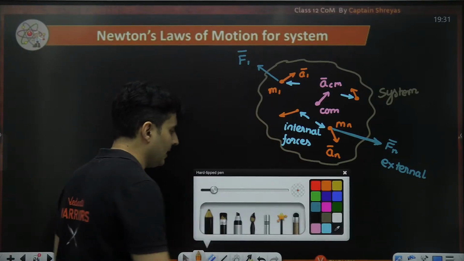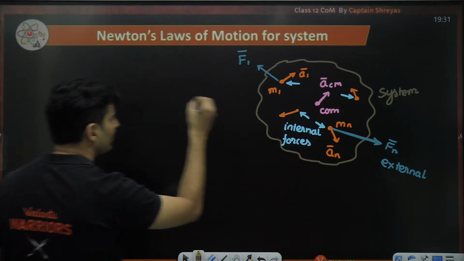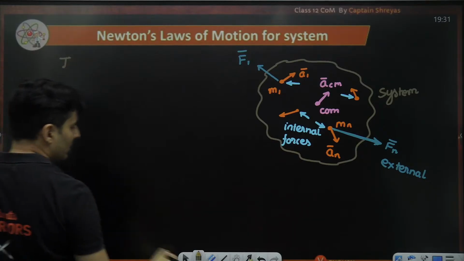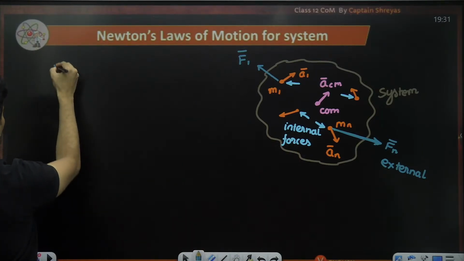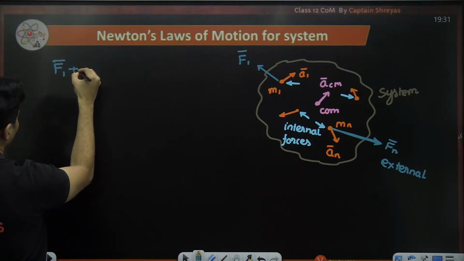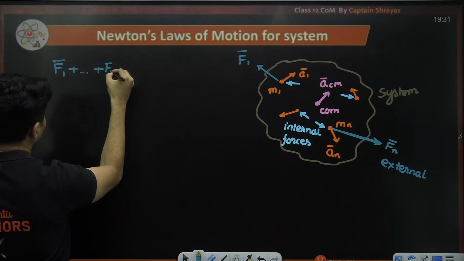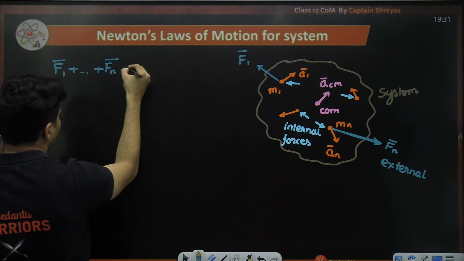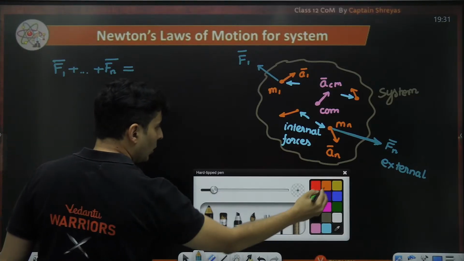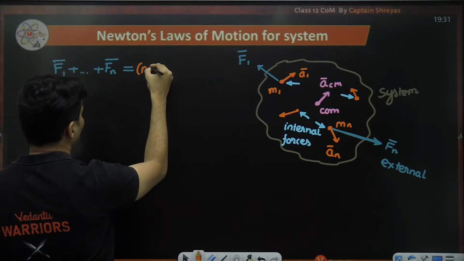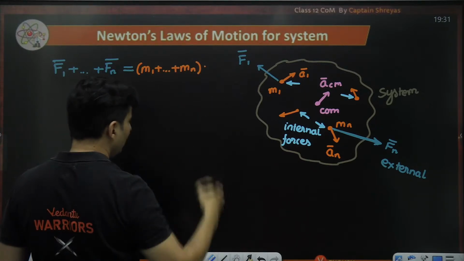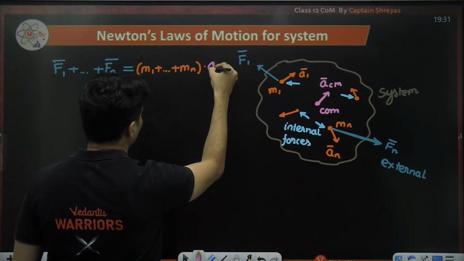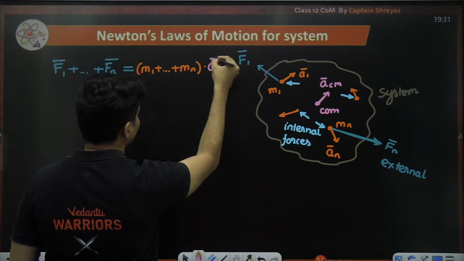So, this says that you forget the internal forces. Just worry about the external forces like F1, F2, F3, like that till Fn. And that will give me the total mass, which is M1 plus M2, like that till Mn, into the acceleration of center of mass.